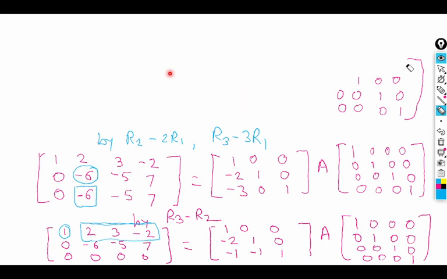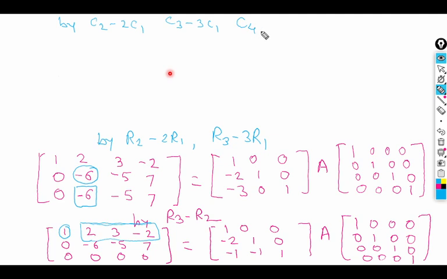Just decide the column transformation first: C2 minus 2 C1, C3 minus 3 C1, C4 plus 2 C1.